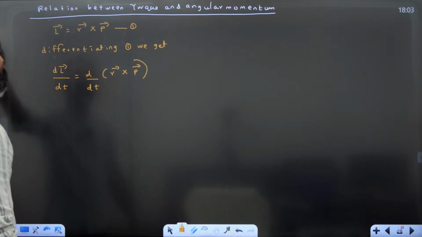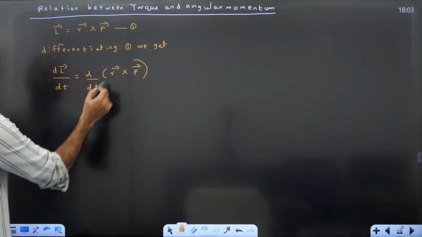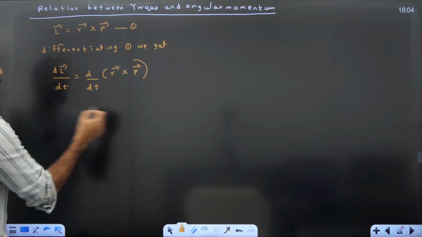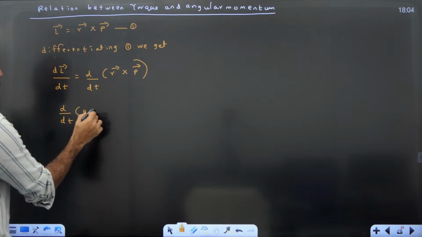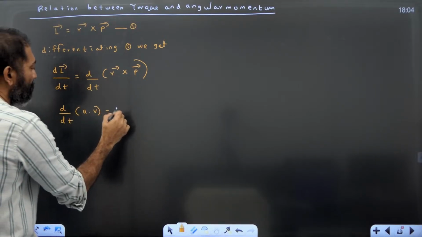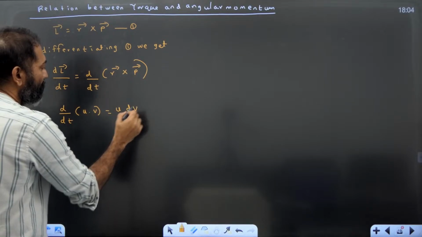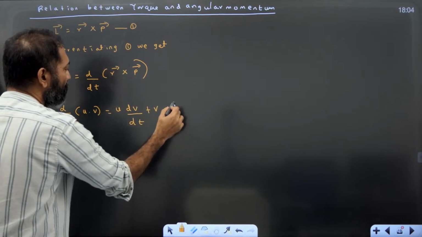Here you should apply the product rule of differentiation. d by dt of uv: first into derivative of second plus second into derivative of first.